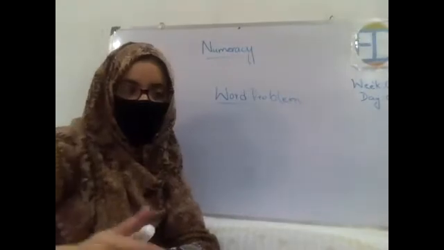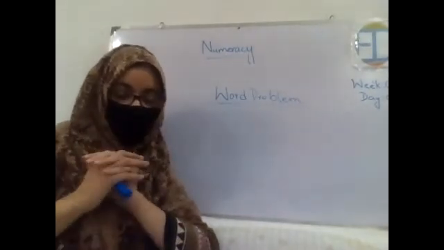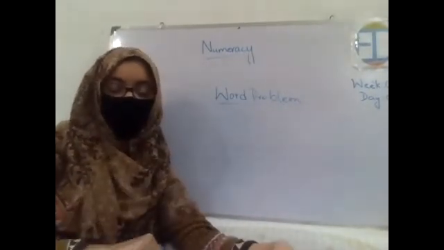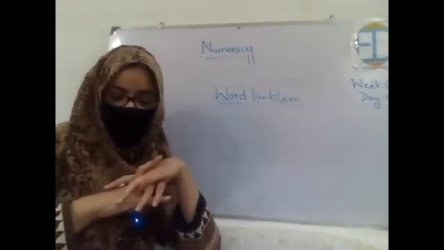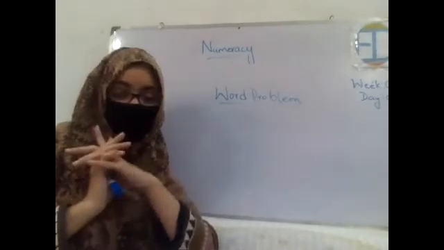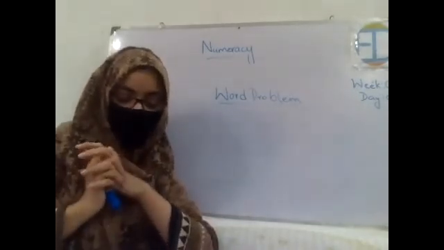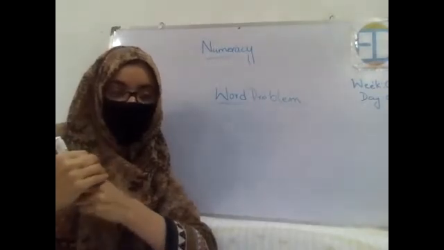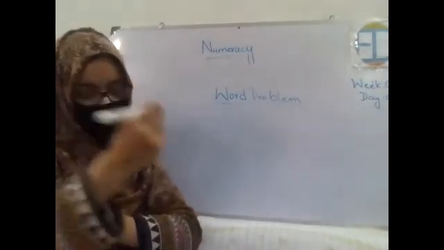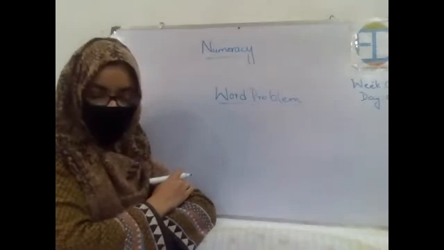Okay. Now solve another word problem for me, and this time Alize will tell me the answer. Samina read 375 pages of a storybook on Saturday and 413 pages on Sunday. So how many pages did she read together? Who is going to tell me how we will write down the data of it?